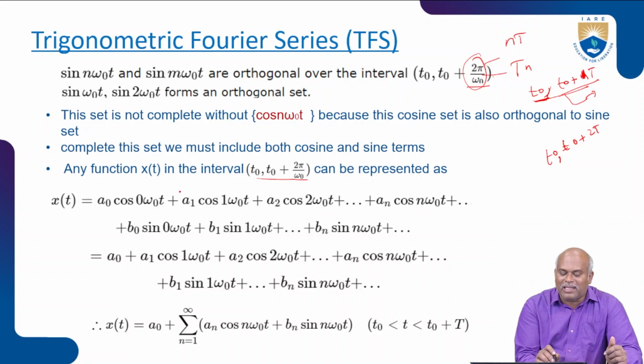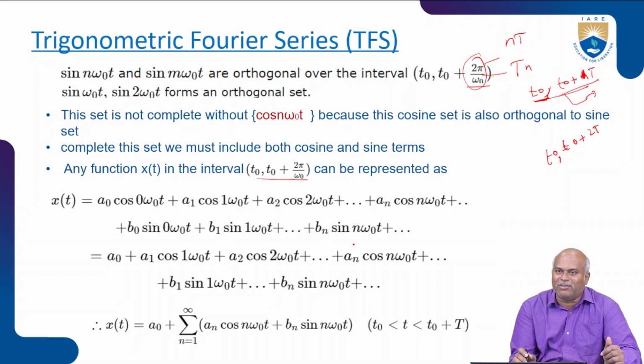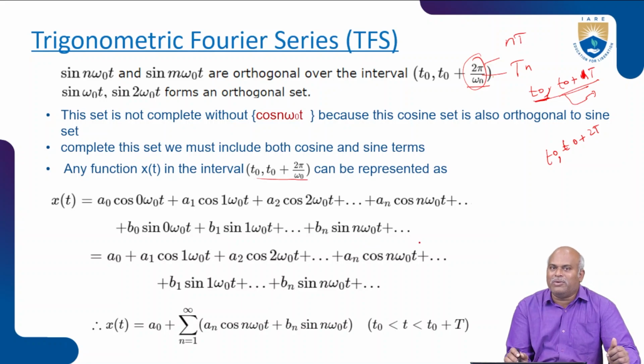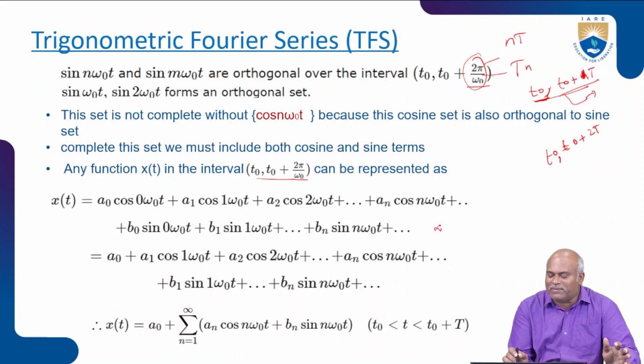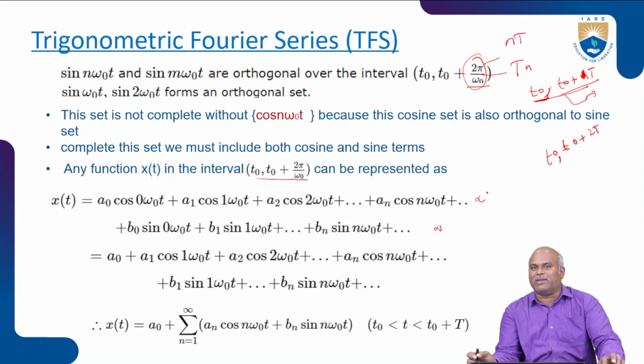Then another signal, orthogonal together, with coefficients b0 sin 0 omega 0 t plus b1 sin 1 omega 0 t plus up to bn sin n omega 0 t. This continues up to infinity.